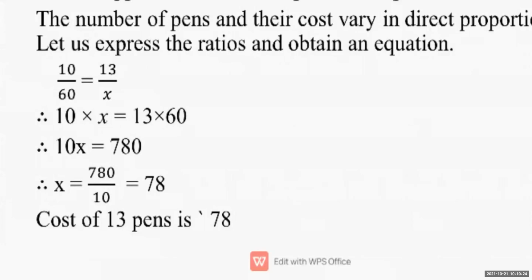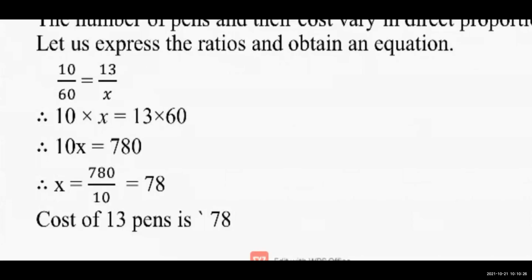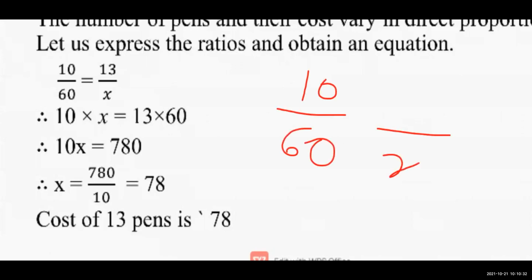So how will we write the ratio? We will write the ratio like 60 rupees for 10 pens. How many rupees for 13 pens? Clear? What will be the ratio? 60 rupees for 10 pens. We have expressed that 13 is our X. So X will be for 13.